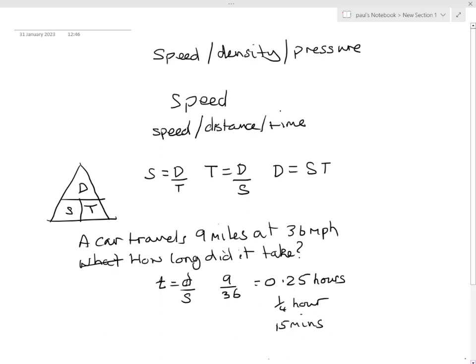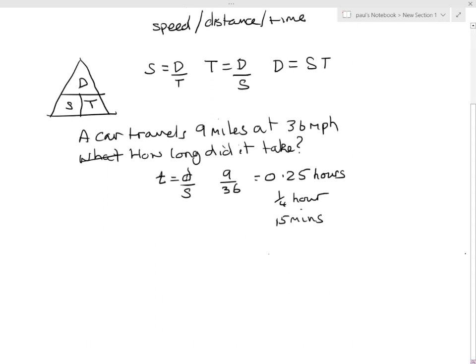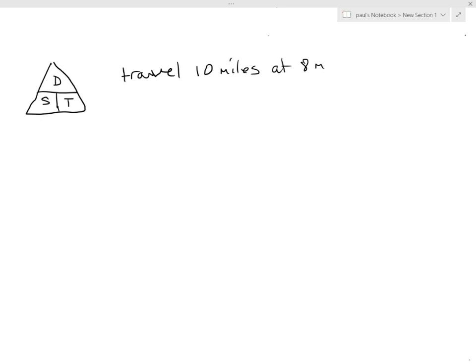So let's come down. As long as you remember that triangle, now we're going to write it down all the time. Now let's have a look. So if you travel 10 miles at 8 miles an hour, how long did it take?